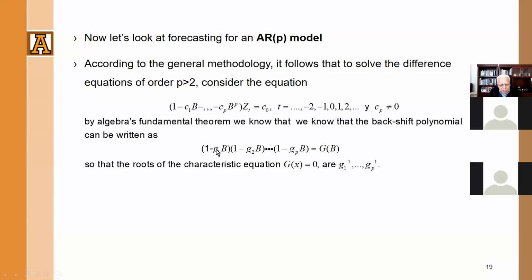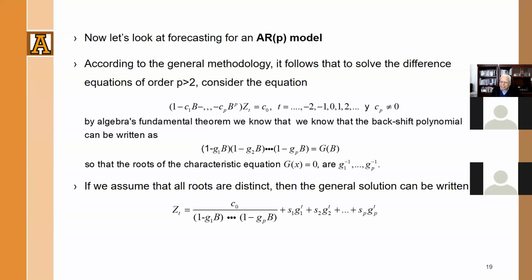If we call the constants for each of the terms in this expression g1, g2, and so on, and we call that polynomial G(B), the backshift polynomial, then the roots of the corresponding characteristic equation for the autoregressive model will be g1 inverse, g2 inverse, because any of these values will give us a zero. So the roots are g1 to the minus 1, g2 to the minus 1, up to gp to the minus 1.